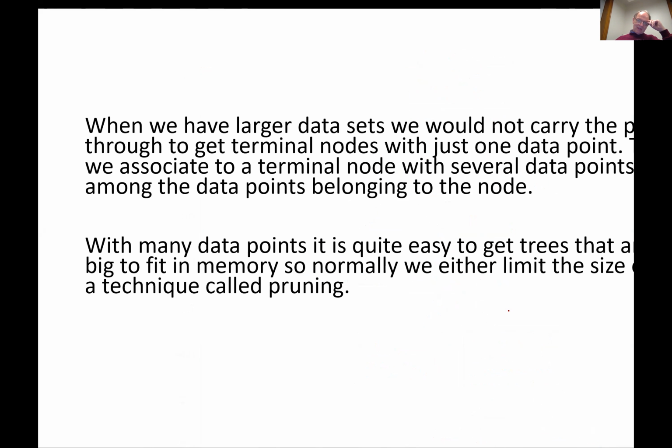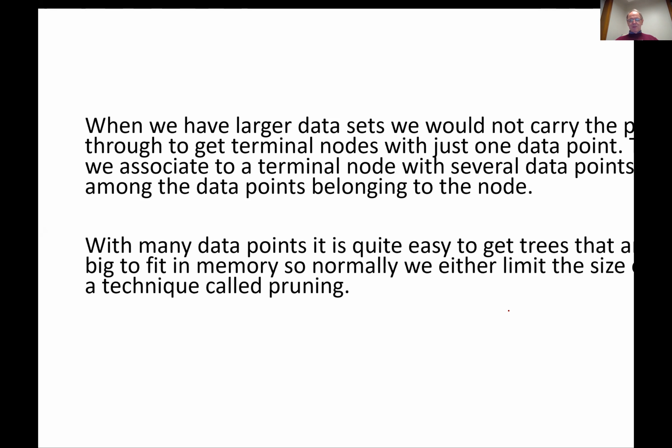So we can do as they do in SKlearn: we can decide how deep our tree is going to be. We can set a limit on how deep it is going to be. Another way, which SKlearn unfortunately cannot do, is to make a tree where you carry some paths all the way to the end, and then you try to prune it.